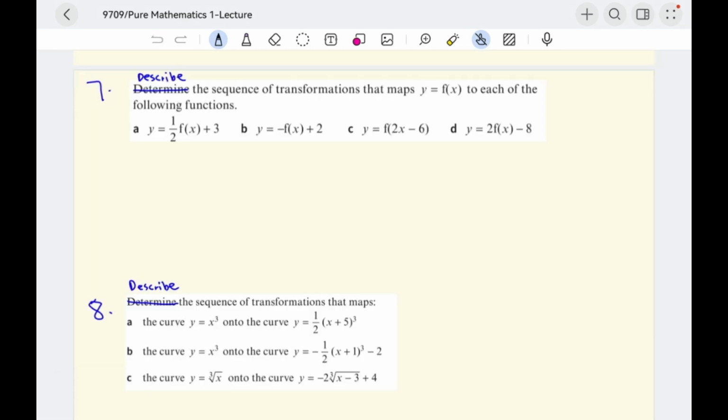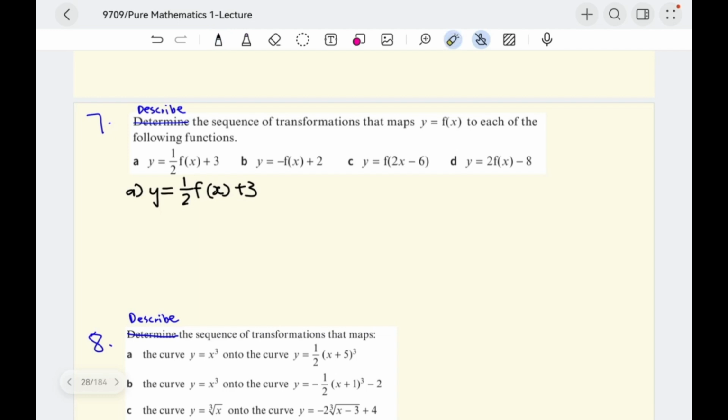Let's move on to question 7. Describe the sequence of transformations that maps y equals f(x) to each of the following functions. That means there is not only one transformation, but multiple transformations. Let's take a look at part A, which is half f(x) plus 3.